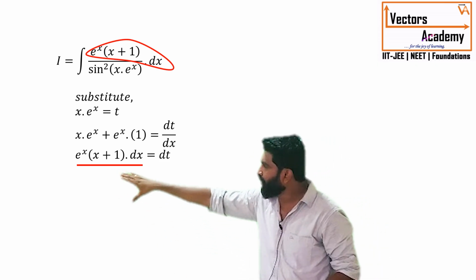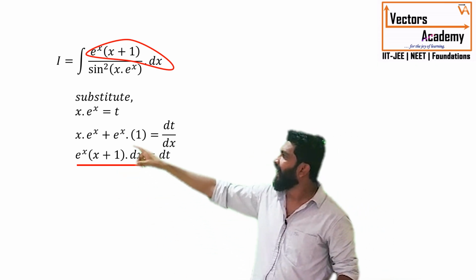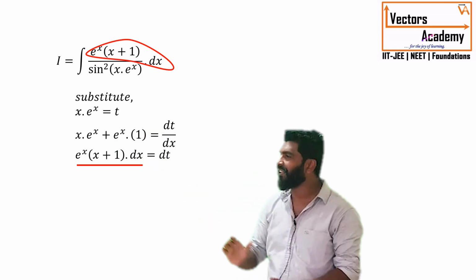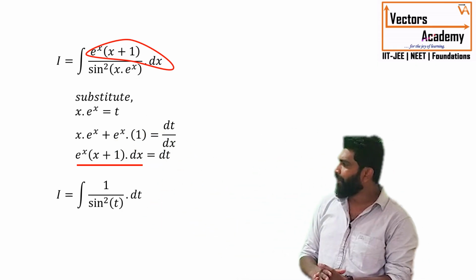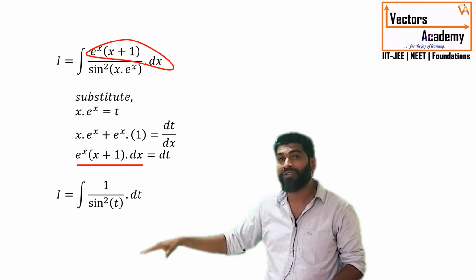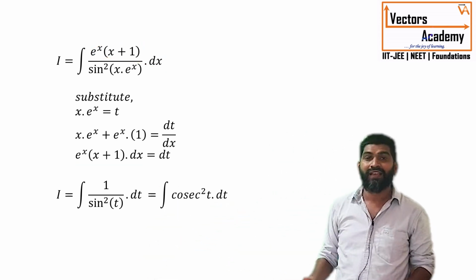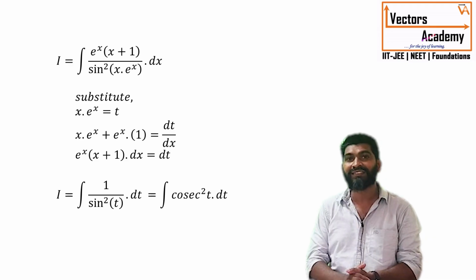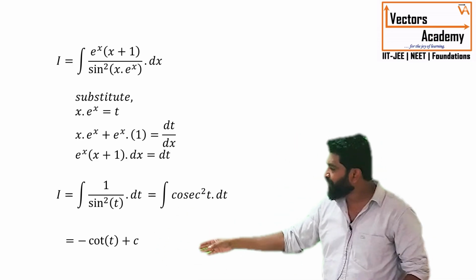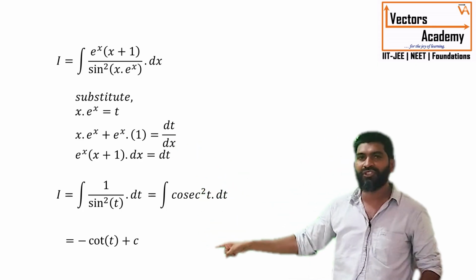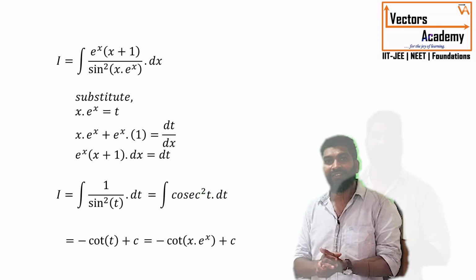So we have to substitute all this value as dt and x into e raised to x as t. So this brings us to the question integration of 1 upon sine square t. And what is 1 upon sine square? It is cosec square. And we know the integration of cosec square is minus cot. So integrating and resubstituting the value of t back in the question will get our answer.